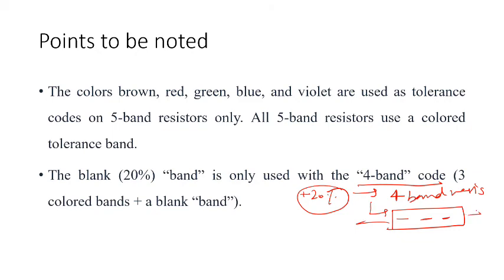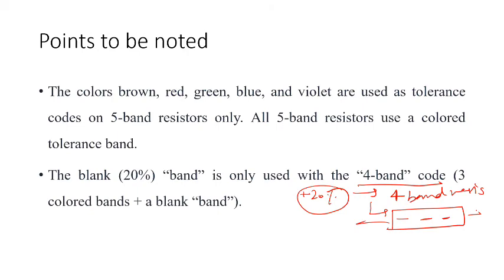In the previous slides, we considered all the theoretical aspects of color coding. But when an actual resistor, particularly a 5-band resistor, appears in front of us, with almost similar colors on both of the ends, we tend to face a little bit of confusion.